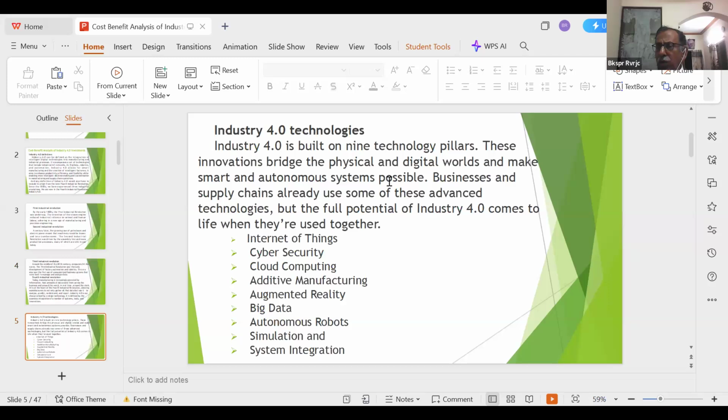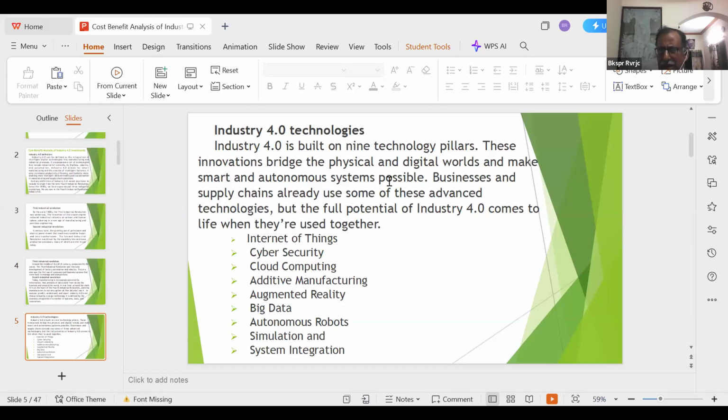Industry 4.0 technologies. Industry 4.0 is built on 9 technology pillars. These innovations bridge the physical and digital worlds and make smart and autonomous systems possible. Businesses and supply chains already use some of these advanced technologies, but the full potential of Industry 4.0 comes to life when they are used together.